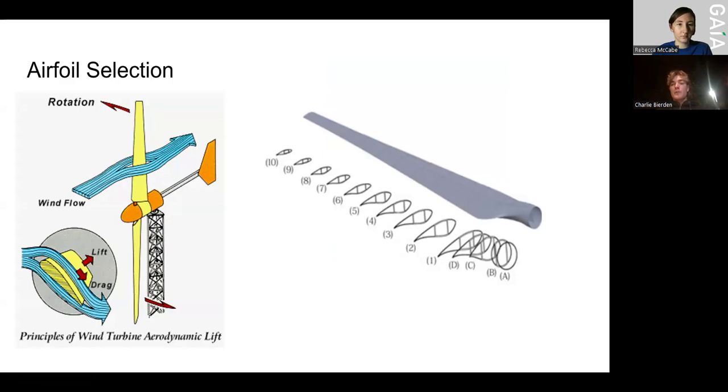And so there's a force pushing the blade perpendicular to the incoming wind, as you can see in this diagram. So the blade, rather than being oriented this way and then spinning this way, is oriented this way and spins this way. These blades consist of a bunch of different airfoils of varying sizes, which gives it the shape that we see, and these are optimized to maximize power generation.